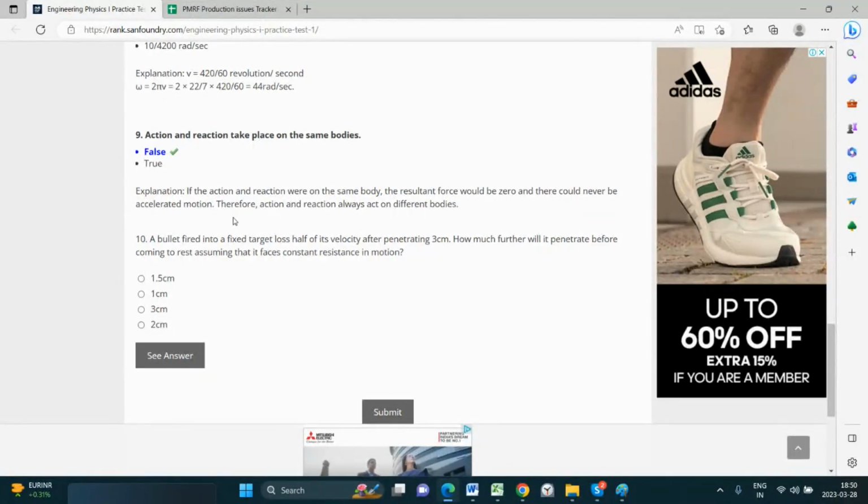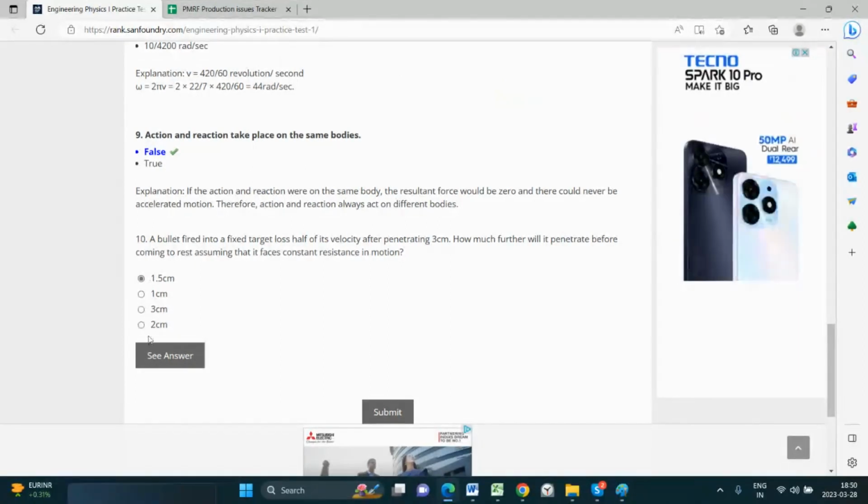How much further will it penetrate before coming to rest? இன்னும் உள்ள அது வந்து பாதியா தான் குறைஞ்சிருக்கு, ஜீரோ ஆகல. அந்த ஜீரோ ஆகும்போது எவ்வளவு தூரம் அது போயிருக்கும்னு கேக்குறாங்க. Let me just choose something and see what is the formula.